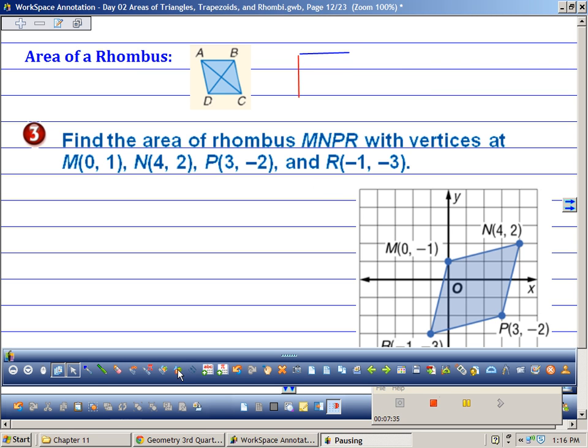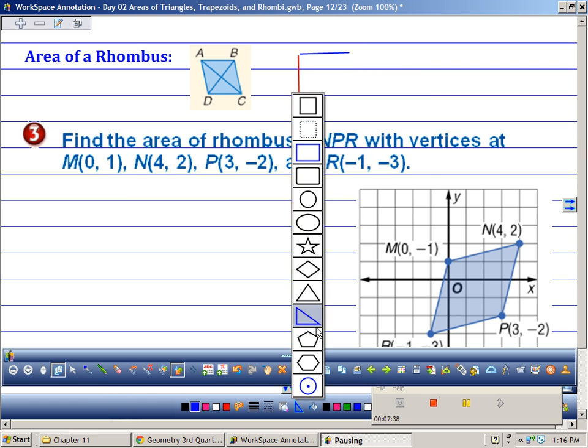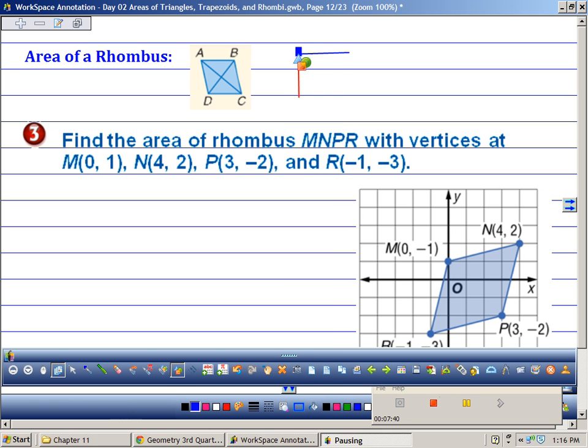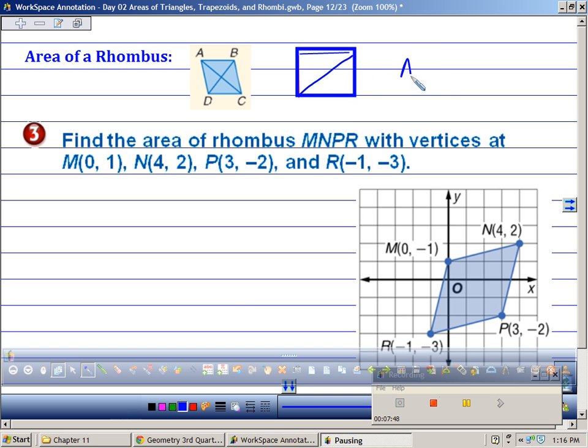Which would make a square, or a rectangle, sorry. But that is way bigger than this, so what do you think I'm going to do with it? Half it. So the formula is half of diagonal 1 times diagonal 2.